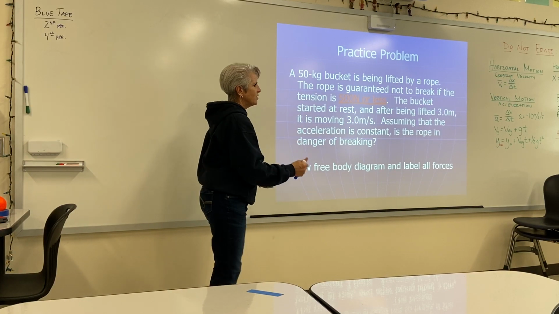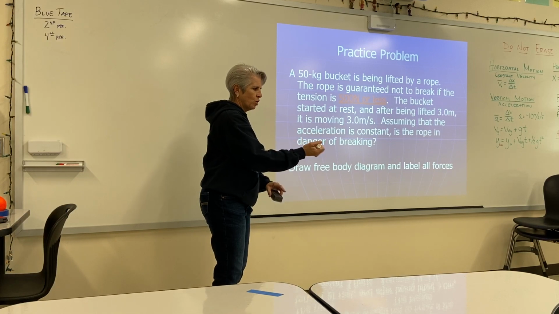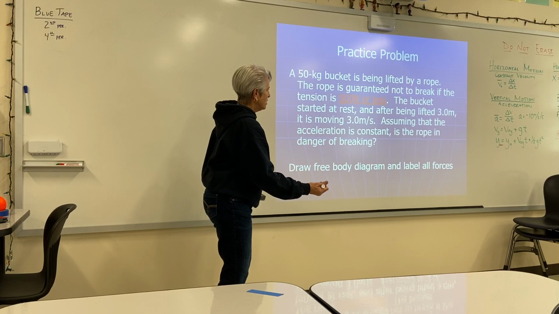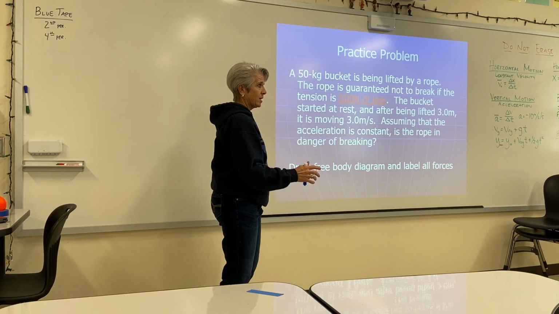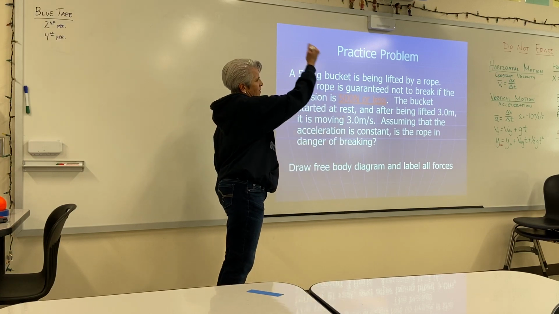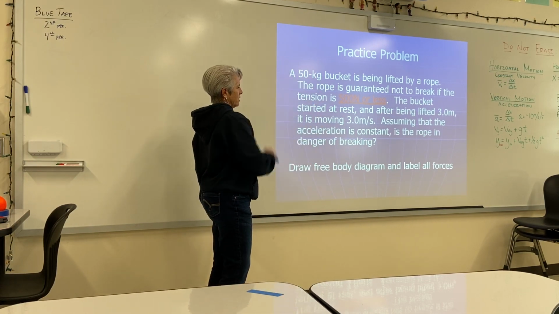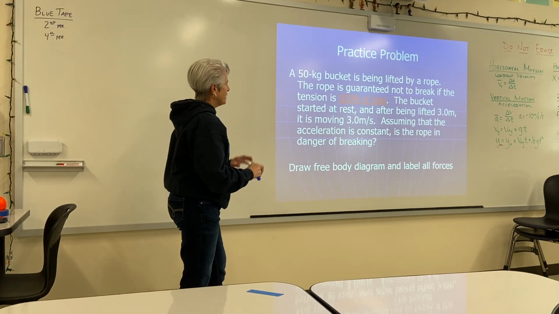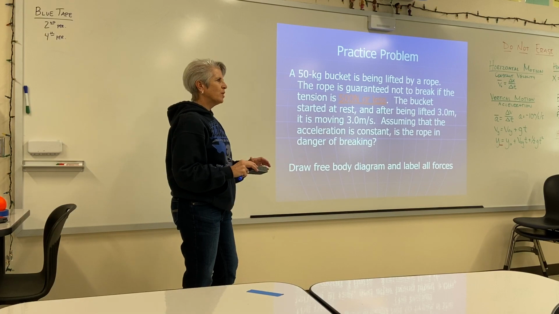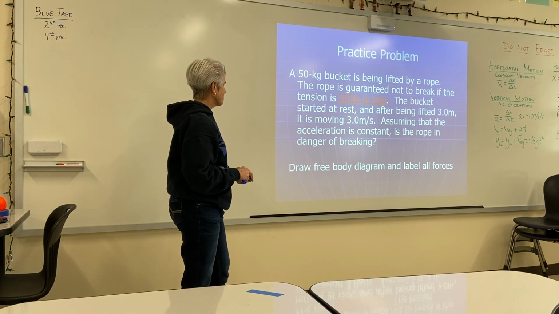And this bucket is not lifted at a constant speed, which means the tension in the rope is not going to stay constant. The net force is not going to stay constant. We're going to end up increasing the velocity of the bucket, and this is going to accelerate. Because of this, the tension is going to change progressively, and we want to know, well, is that rope going to be able to do the job or not?